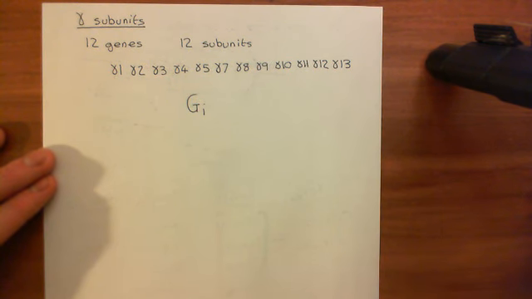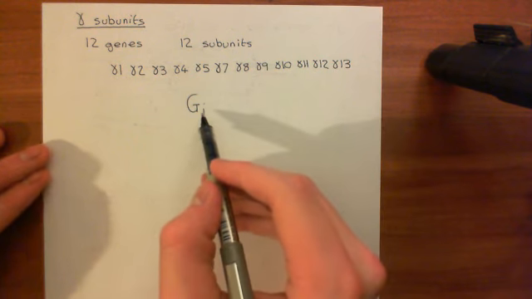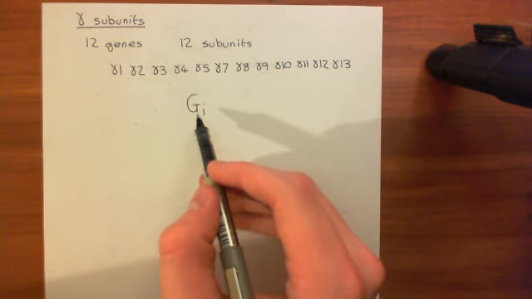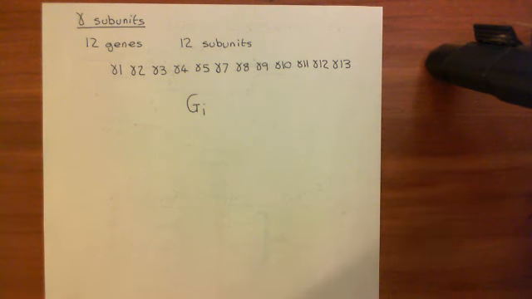Instead they don't even mention which beta and gamma subunit, but they do tell you something about the alpha subunit. Generally they don't tell you exactly which alpha subunit, but they give you a good clue. When people put an i down there, they generally mean that it's got an alpha subunit which is either G alpha i1, G alpha i2, or G alpha i3. We'll see the effects of these G alpha i subunits in the next video.